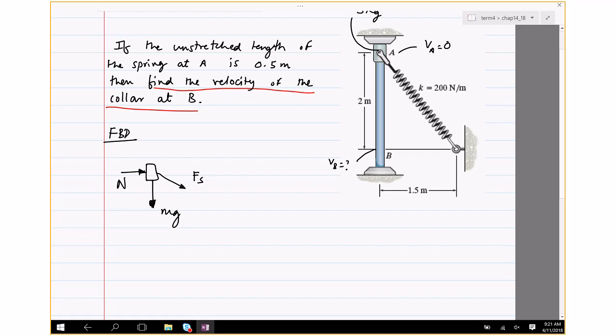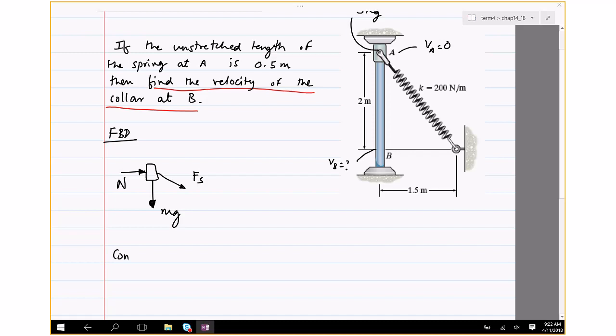I'm going to assume no friction. If there was friction, you cannot apply the principle of conservation of energy, because that's a non-conservative force, so you would apply the principle of work and energy. But since there's no friction, you are fine applying conservation of energy.